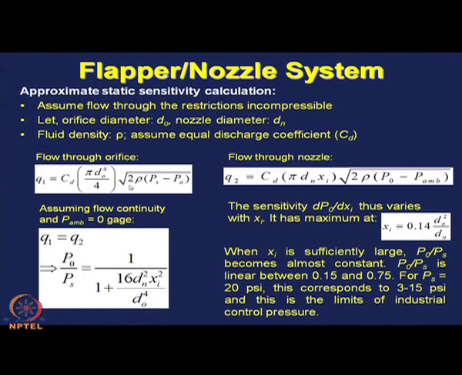So, P0 by Ps equals 1 by 1 plus 16 into Dn square into xi square divided by DO to the power 4.